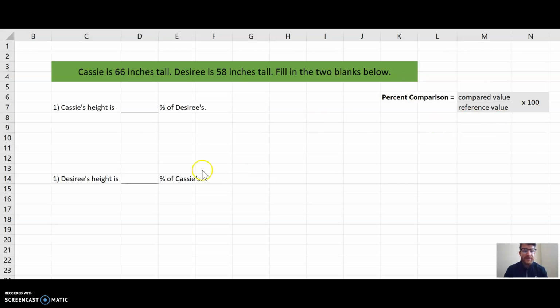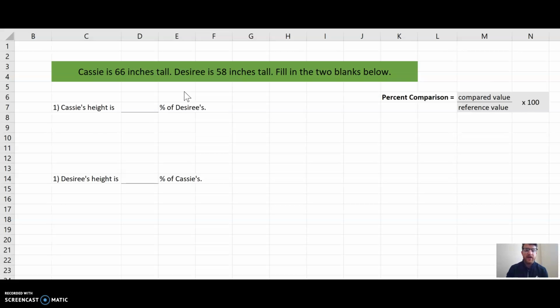All right, so let's take a look. I have two blanks to fill in here, so two problems to answer. The first one is Cassie's height is blank percent of Desiree's. We have both of their heights in the green above. We're trying to figure out Cassie is what percent of the height of Desiree. You're always going to use 100% as your baseline.